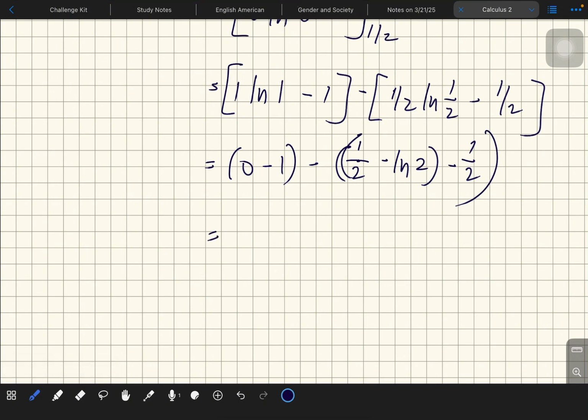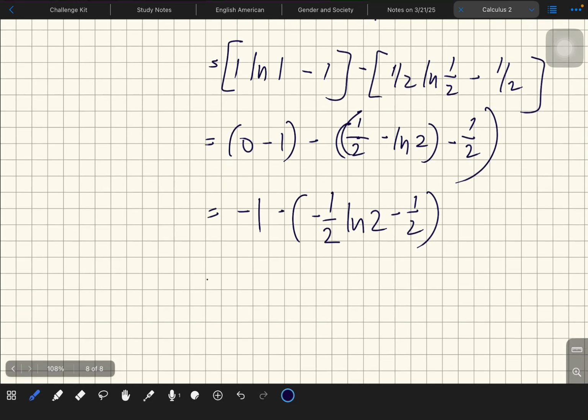So 0 minus 1 equals negative 1, so minus the quantity negative 1/2 ln 2 minus 1/2.